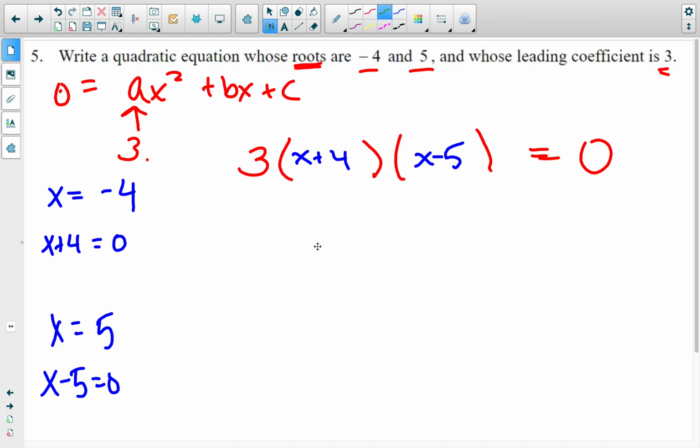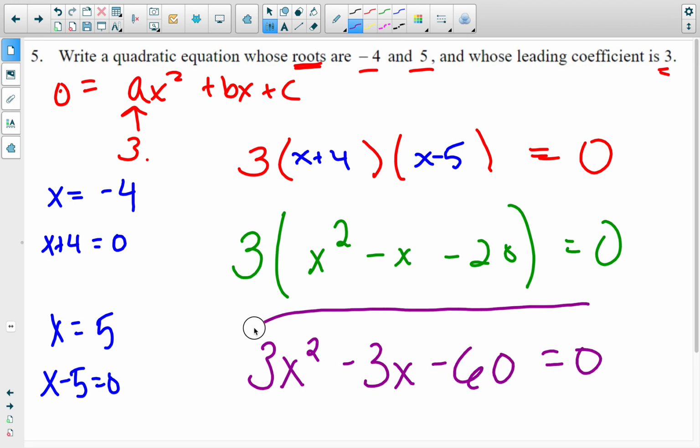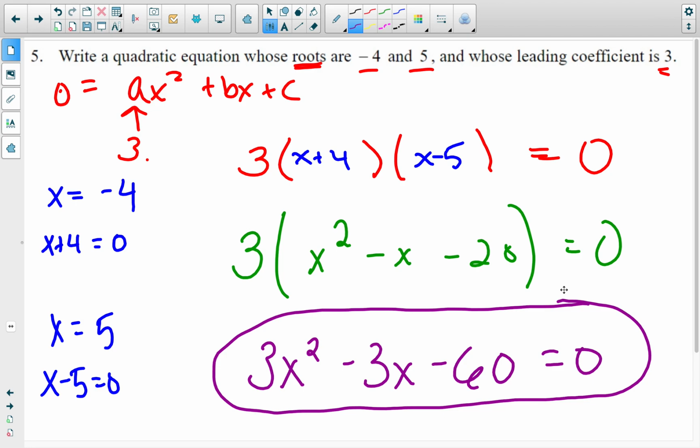And then to get it to standard form, we're just going to multiply out. All right, 3 times, I'm going to use FOIL, x squared minus 5x plus 4x, that would give us -x minus 20. And then to distribute, I'll just take that 3 and multiply it times everything. 3x squared minus 3x minus 60 equals 0. And that's that. All right, so take a look at your practice and let me know what questions you have.